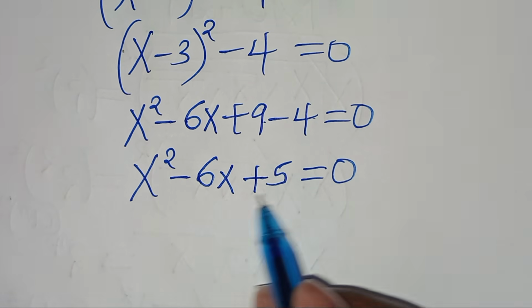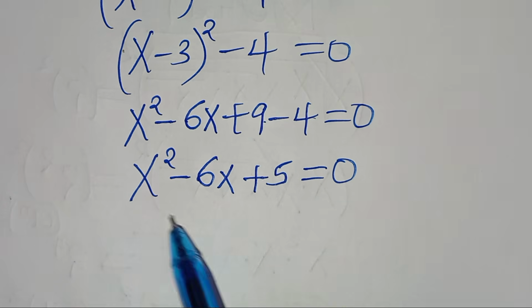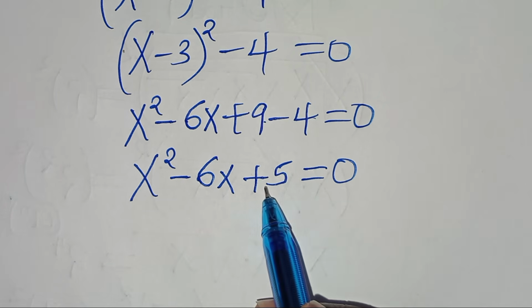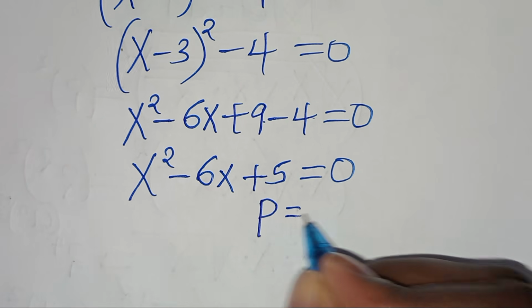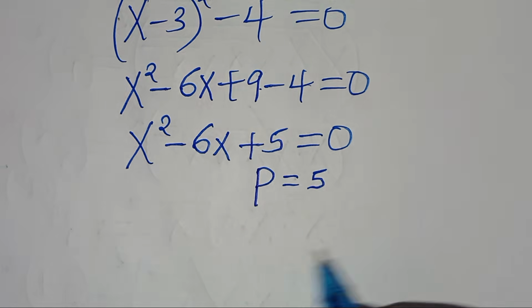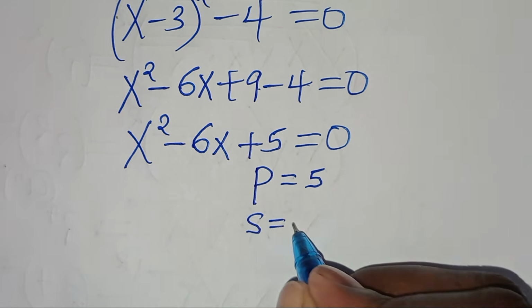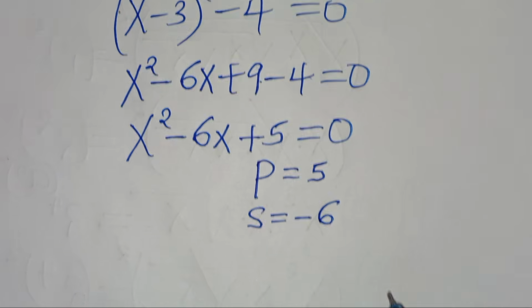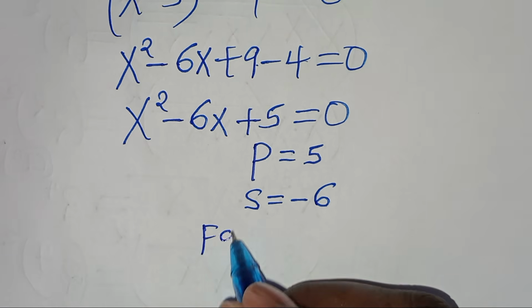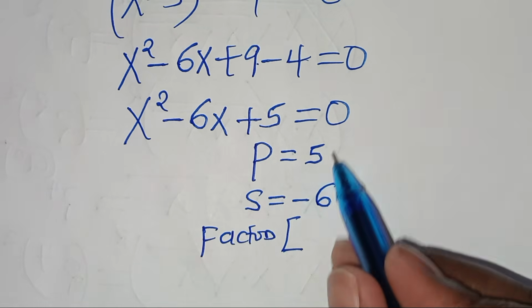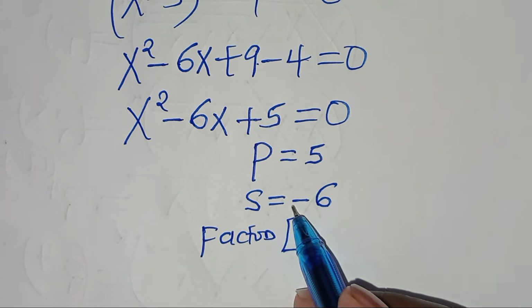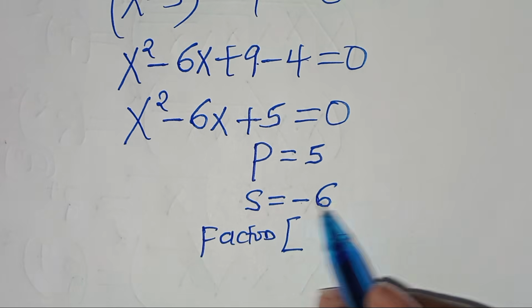So this is a quadratic equation. We can solve this quadratic equation by factorization method. We have the product equal to 5, and the sum equal to minus 6. If we multiply these two factors, we should have 5, and if we sum them, we should have minus 6.